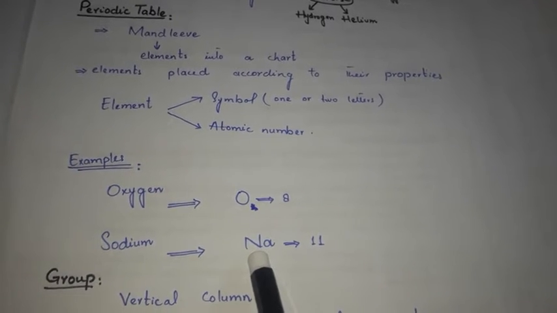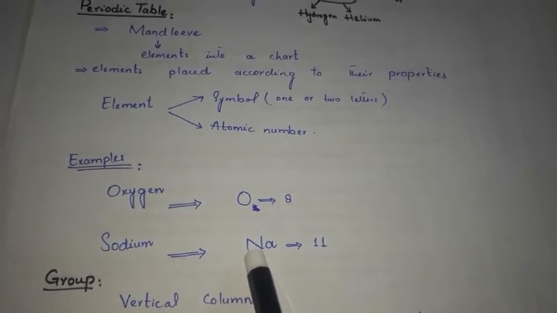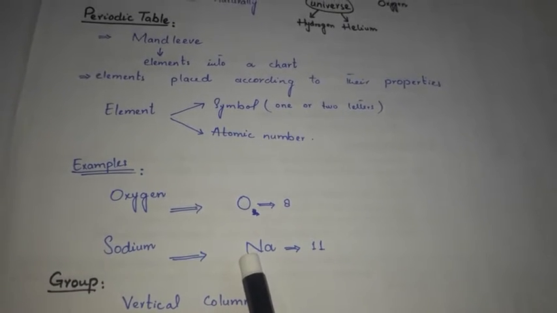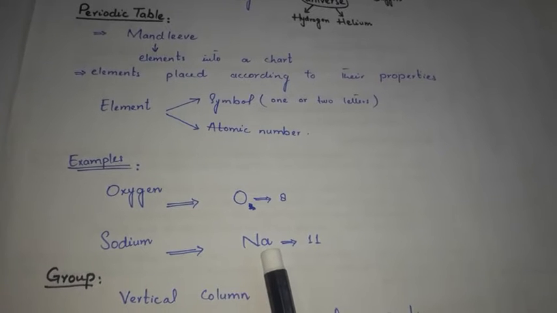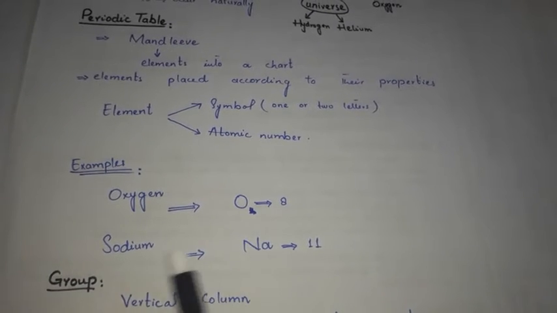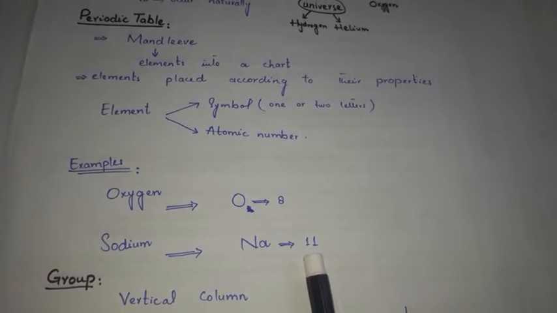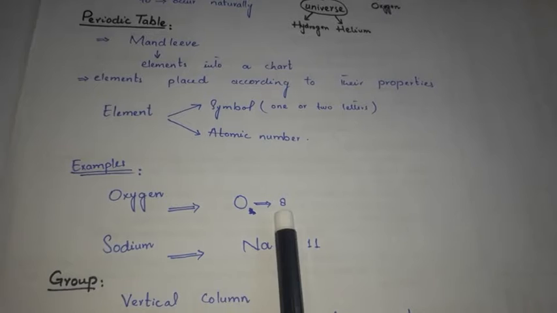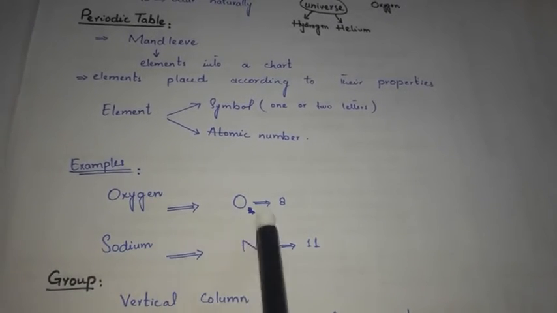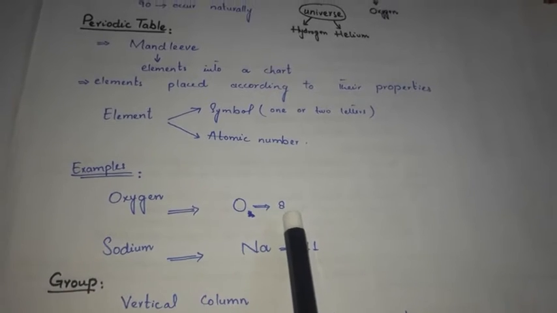In the symbol, the first letter is always a capital alphabet while the next one is a small letter. So this is the symbol Na for sodium, and it has an atomic number of 11, which is different from oxygen. So that shows that each element has a symbol with an atomic number.